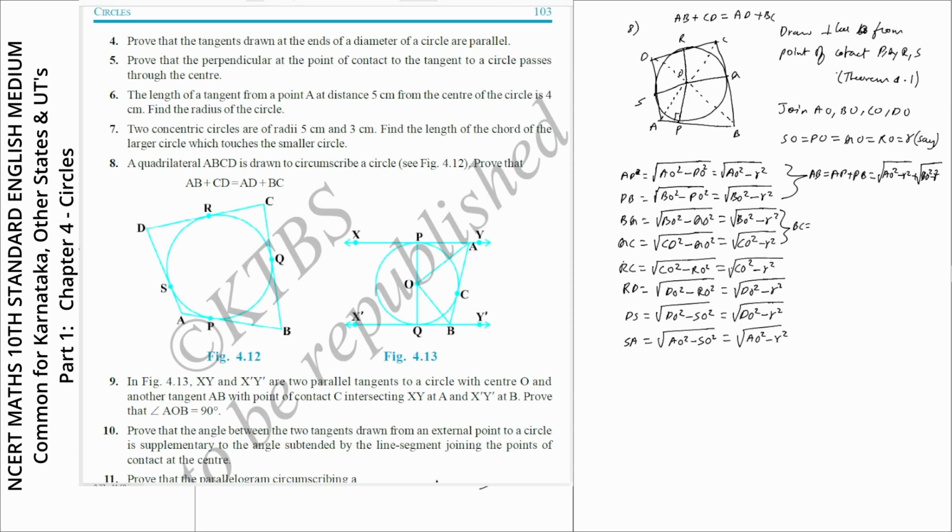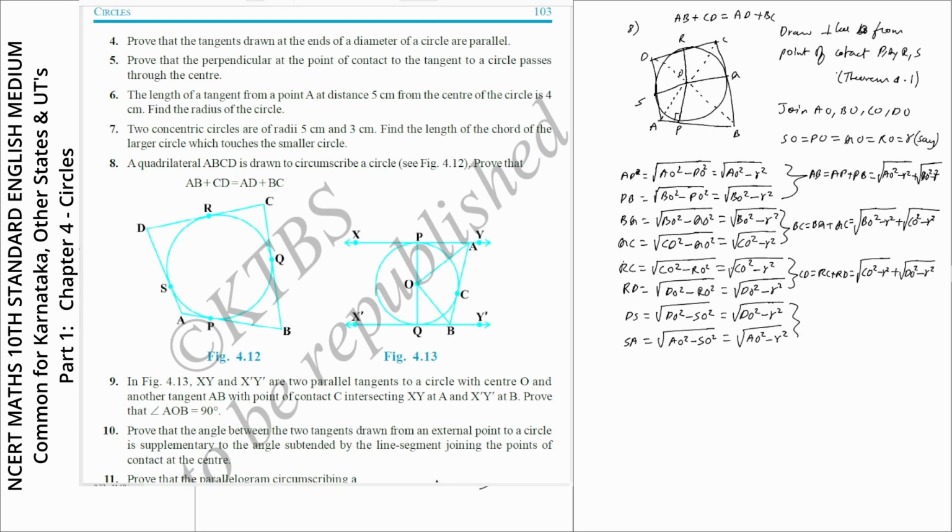So BC is equal to BQ plus QC. So this is equal to square root of BO square minus R square plus CO square minus R square. Now from these two I'll get CD. CD is equal to RC plus RD. So this is equal to square root of CO square minus R square plus DO square minus R square.